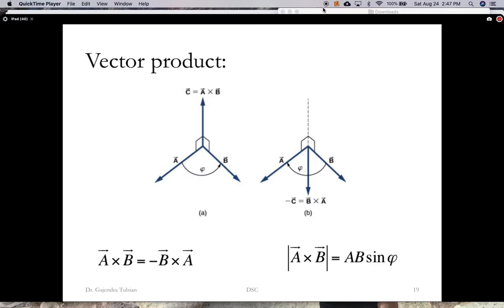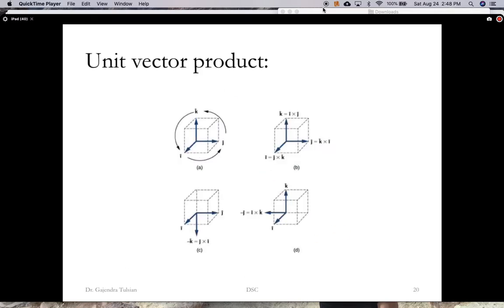Alright, so here are the properties of the cross product again. A cross B is equal to minus B cross A. A cross B is C. The magnitude of A cross B is the magnitude of A times the magnitude of B times the sine of the angle between the two vectors. It's very useful to remember the cross product between unit vectors.